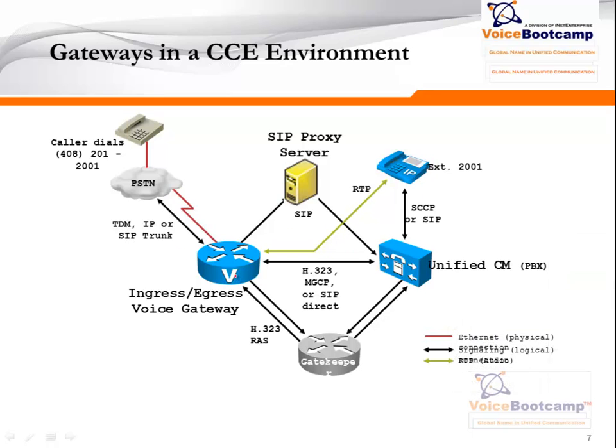For example, a call can come from the gateway to the call manager to the phone. Or you can use SIP proxy servers to send the calls to the proxy, which will send them to the call manager, then to the phone. Or the call can go through the gatekeeper to the call manager and then to the phone directly. So these are the different ways of routing calls in your Cisco contact center environment.